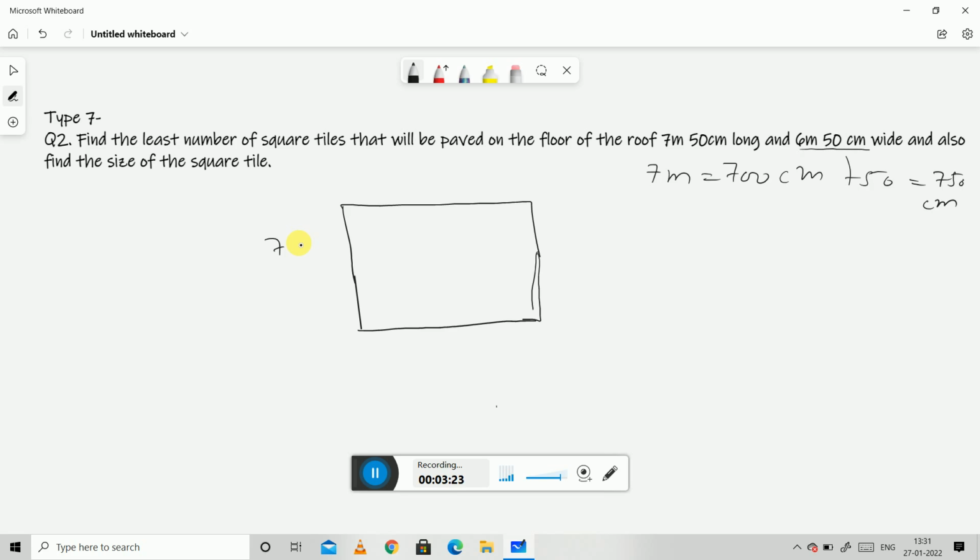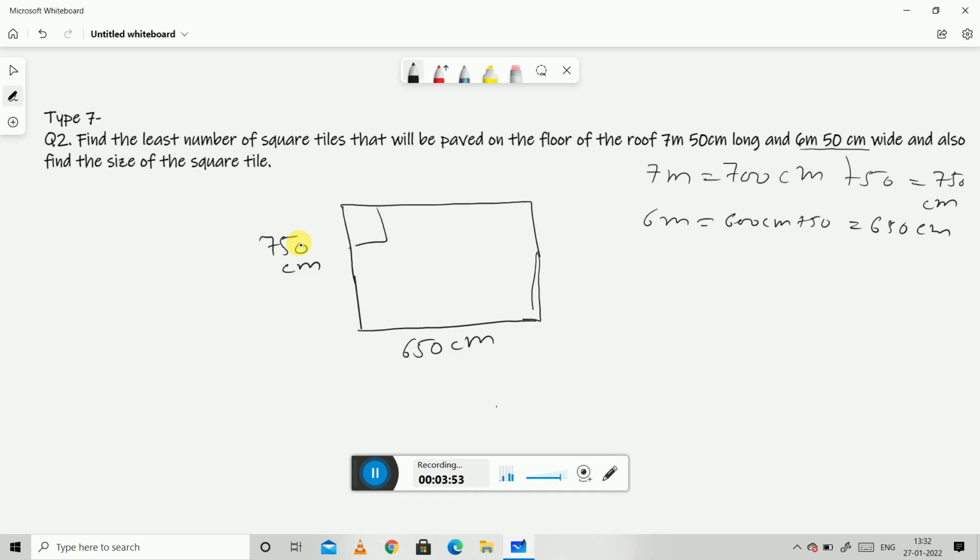Similarly, for 6 meter 50 centimeters, 6 meter is 600 centimeter, and we'll add 50 centimeter to it, so you'll get 650 centimeter. So this floor is 750 centimeter long and 650 centimeter wide.